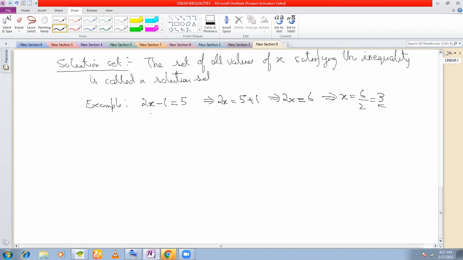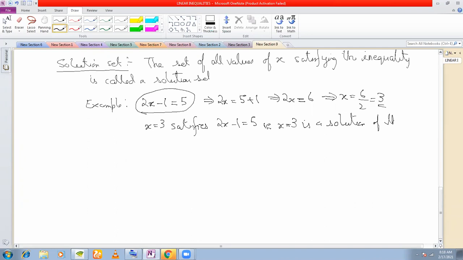This value satisfies this equation, right? x is equal to 3 satisfies 2x minus 1 is equal to 5, right? That is, x is equal to 3 is a solution of the equation 2x minus 1 is equal to 5.